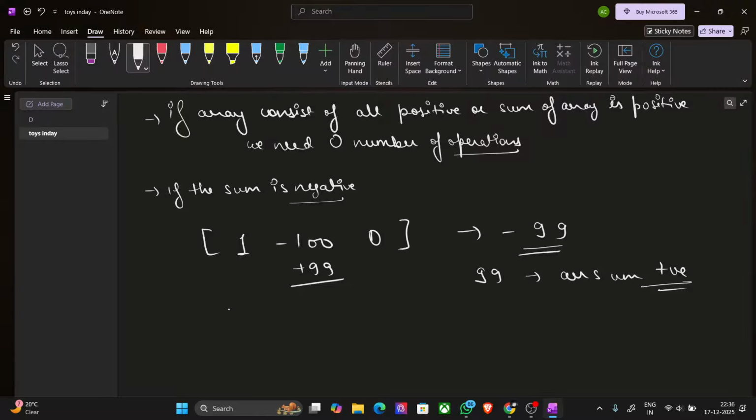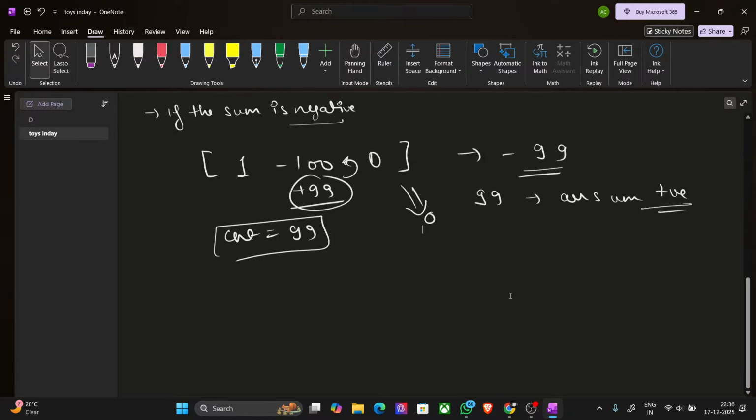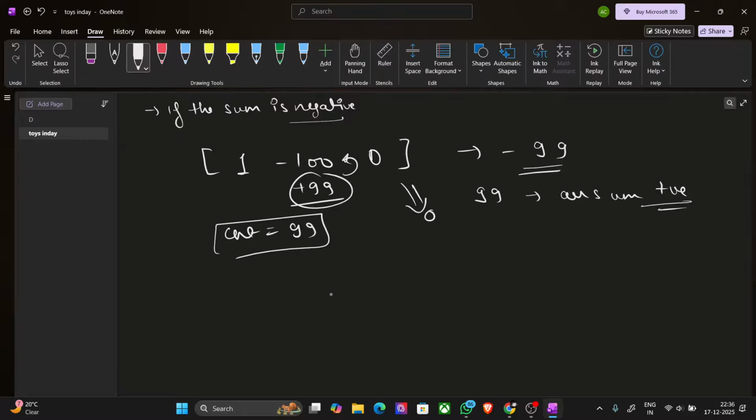Then how many operations have I taken? Let's say the count of operations is 99, because I have added 99 directly to the 100 and made my array sum non-negative. So the array sum will be 0. But is this feasible? Which is not. It's not feasible to add 99 directly to one array element. I can do one more thing, which is I can divide this 99 into n parts.